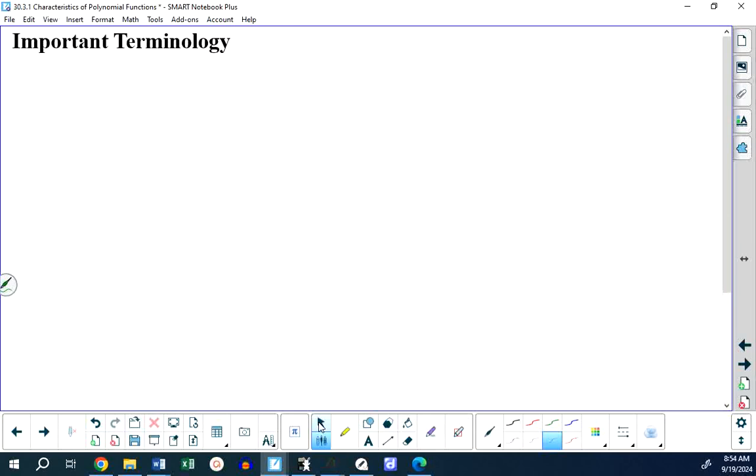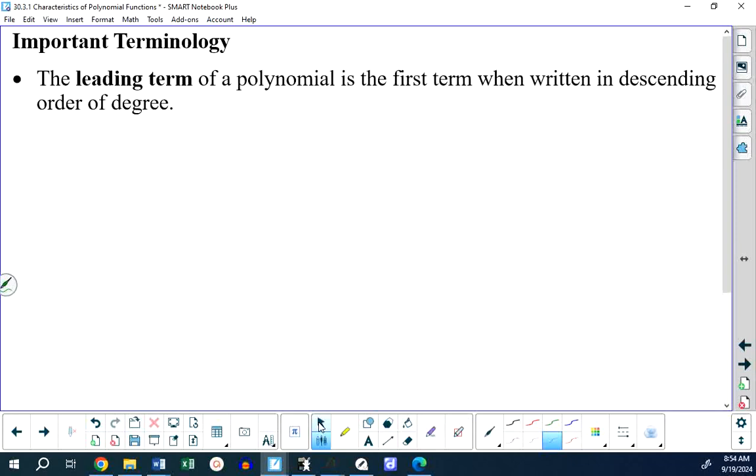So now the most important terminology for this lesson, which continues into the further lessons. The leading term of a polynomial is the term that's written first if you write all of the terms in descending order of degree.